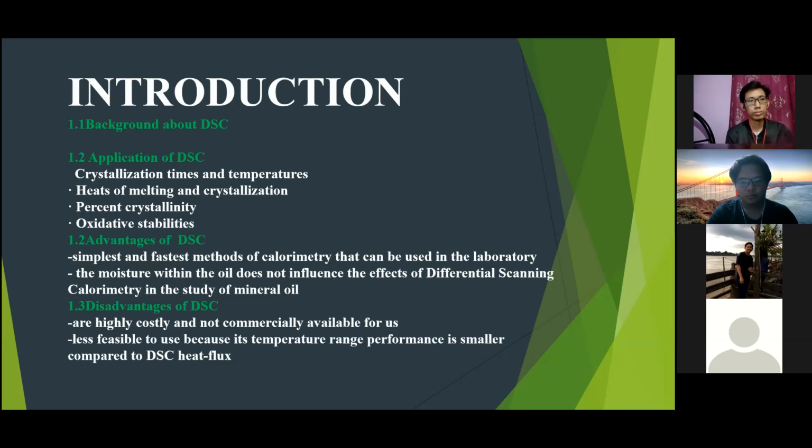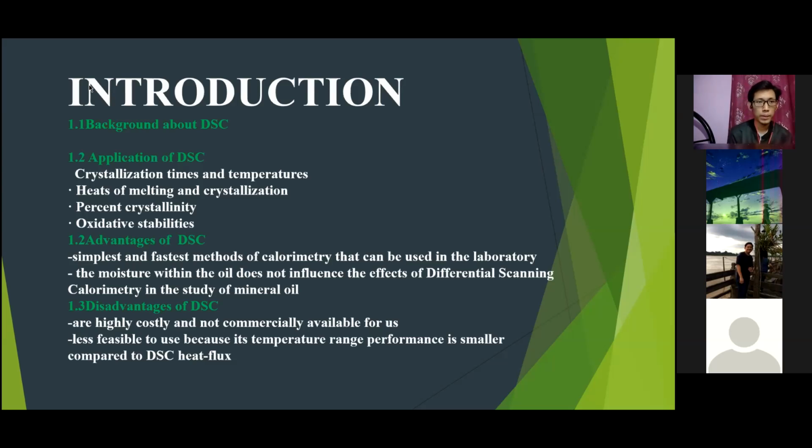So introduction, we have a background about DSC. Historically, the ceramic industry was the first to study temperature transition back in the 1800s by using differential thermal analysis, DTA. This method is done by placing a thermometer into the material, then heating it inside an oven. But there were serious problems due to the placement of the thermometer, which was not reproducible.